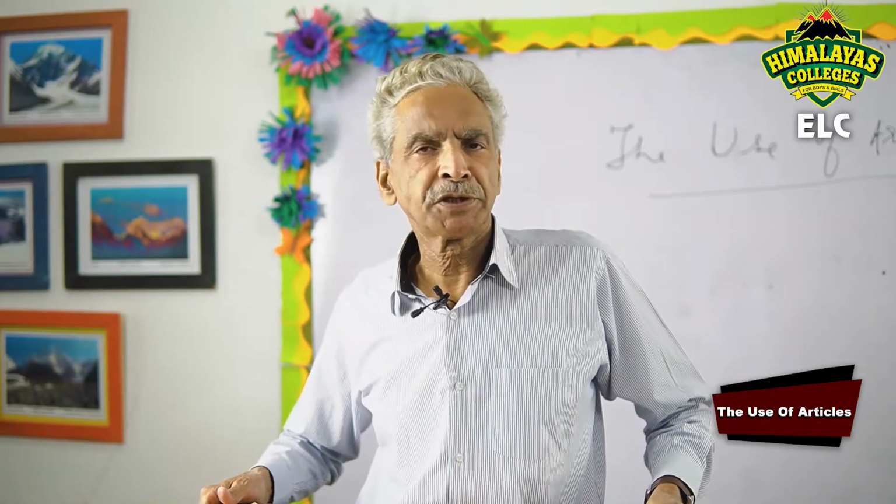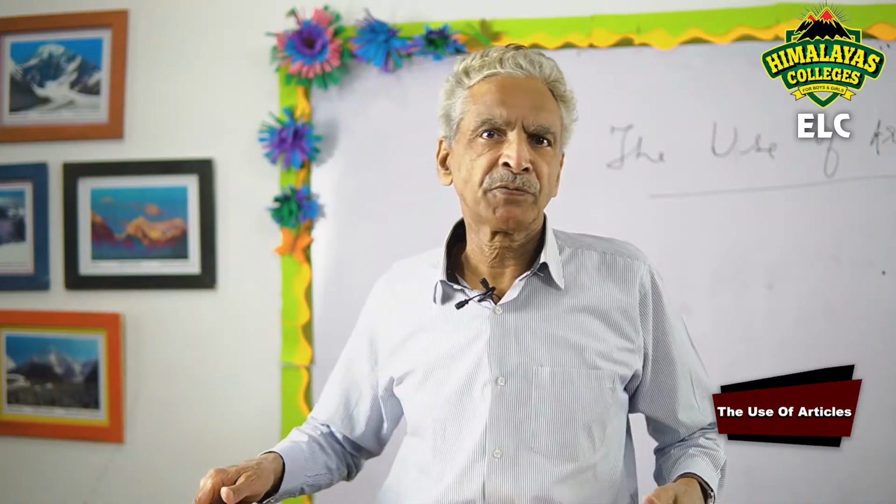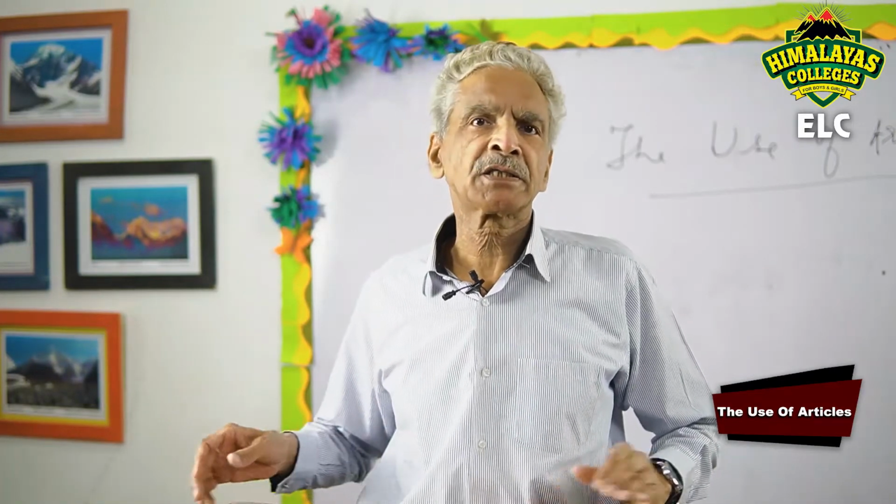Our today's lecture is meant particularly for the intermediate level students who are preparing for their IELTS or who intend to sit other exams and are desirous of expressing themselves in a grammatically correct language.